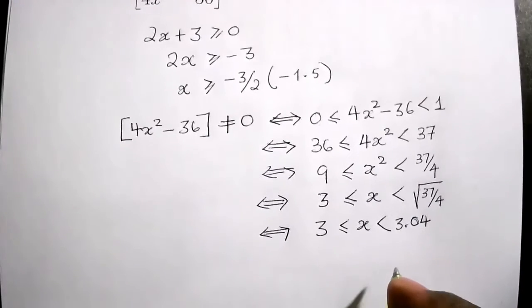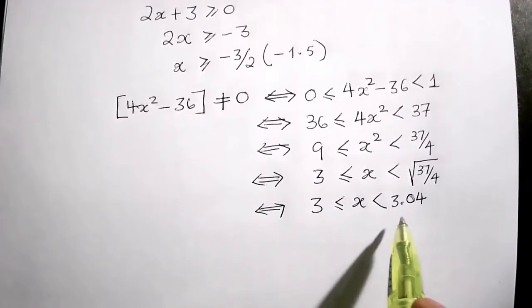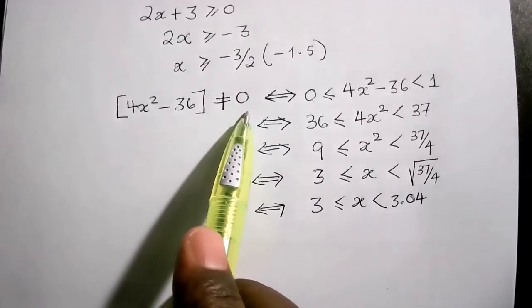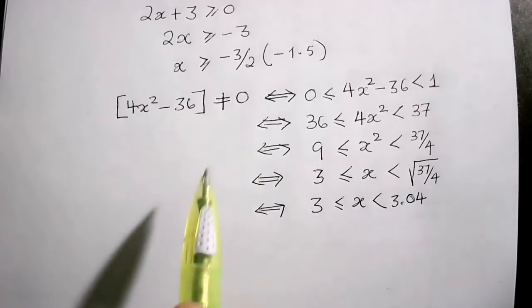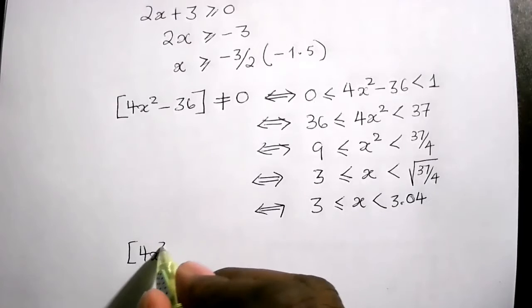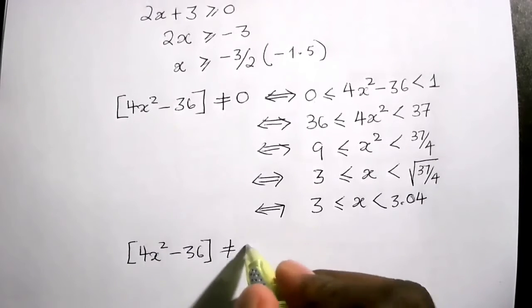So let's review what we've written and what we mean so far. We know that the integer function cannot be 0, otherwise the function will be undefined. So in other words, we are saying that our 4x squared minus 36 is not 0.